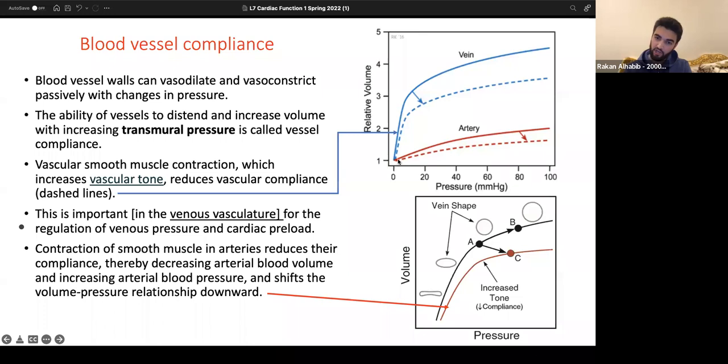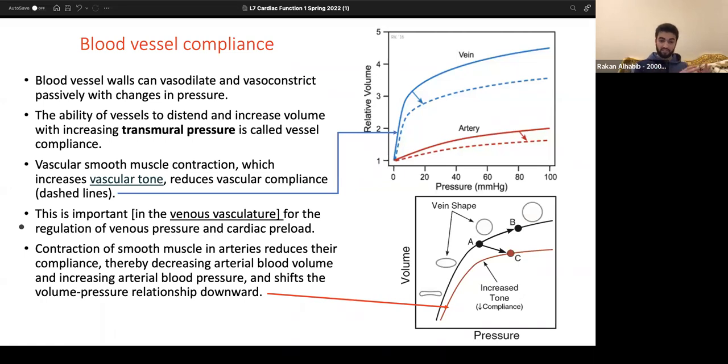If I start here at the same spot in the arteries and I add the same amount of volume again, or I will add a lesser amount of volume, sorry. If I add a little amount of volume into the arteries, this will cause a much greater increase in pressure.